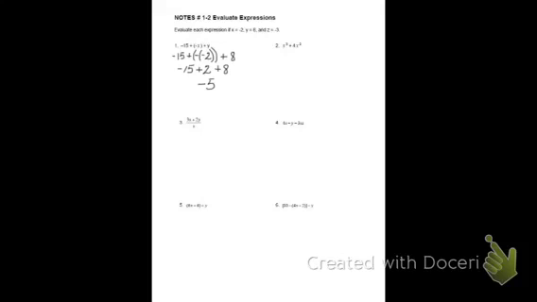Okay, number 2, you're taking numbers to a power. So the first one you have -2 to the power of 3 plus 4 times the -2 to the power of 2.